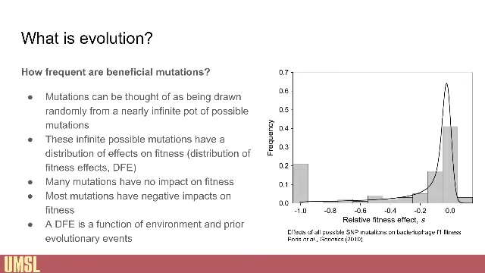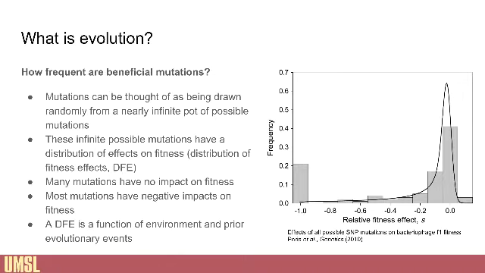If I were able to place every single mutation possible onto its relative fitness effect on this x-axis here, and then I were to look at the frequency of all of these different fitness effects of these mutations, what I can do then is develop what is known as the distribution of fitness effects.